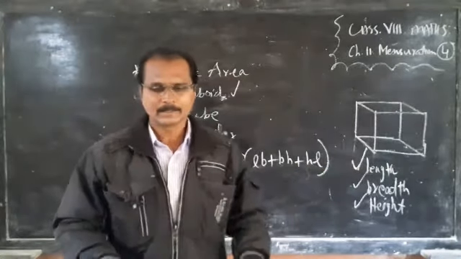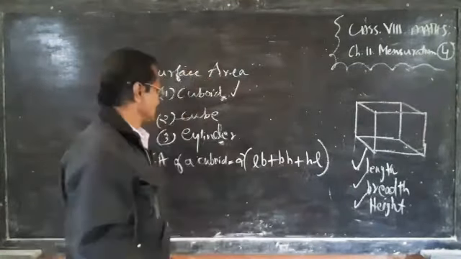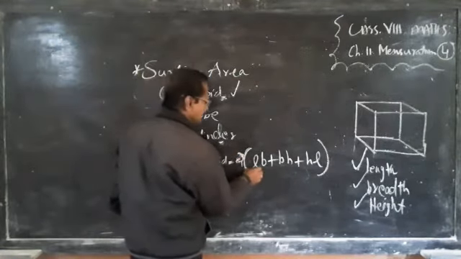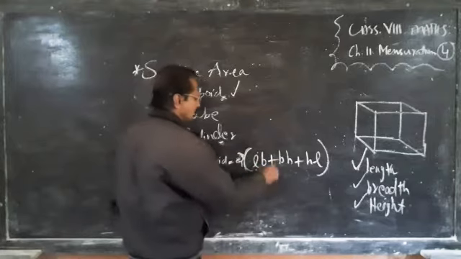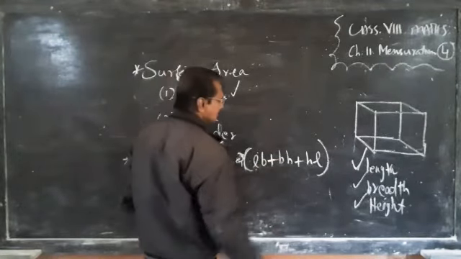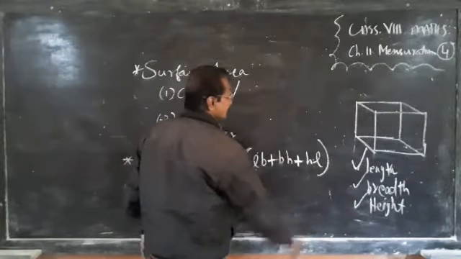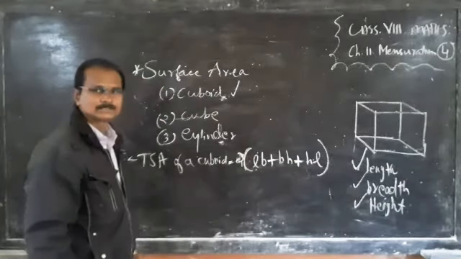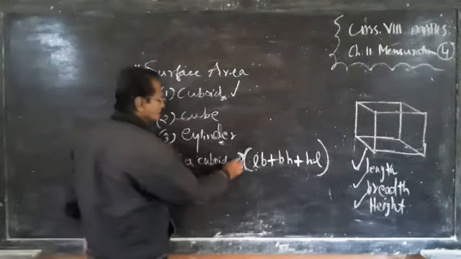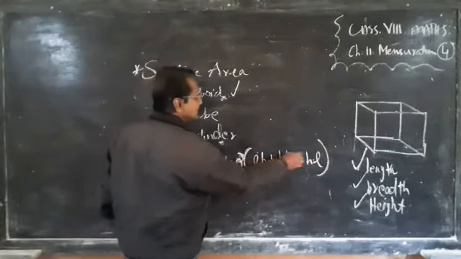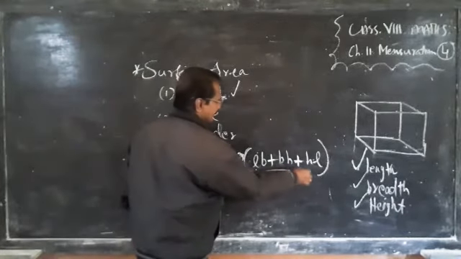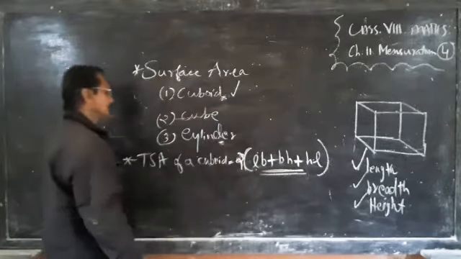That is 2 multiplied with LB, that is length into breadth, plus BH, that is breadth into height, plus HL, that is height into length. So that is the formula for finding the total surface area of a cuboid.